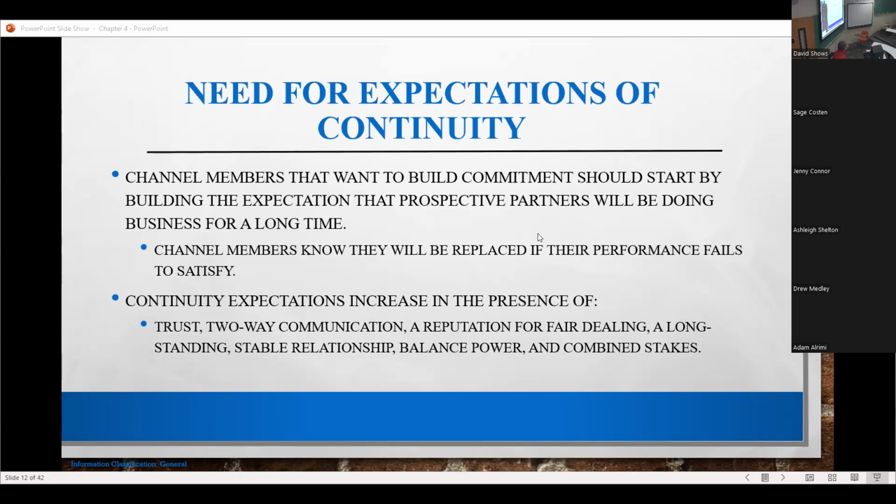And the last is not minor to any extent. There needs to be combined stakes. What that means is that both sides win when you do it right, and both sides fail if you don't. Any organization that isn't afraid of losing is not going to be well committed to their partner. You have to take a risk, always.